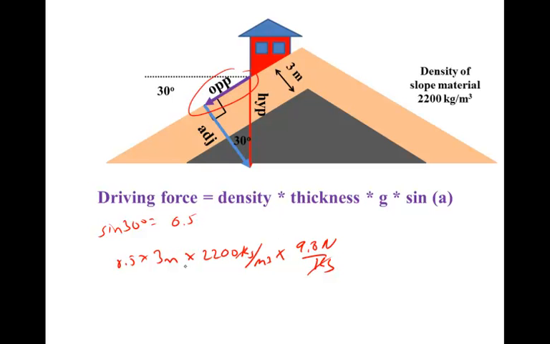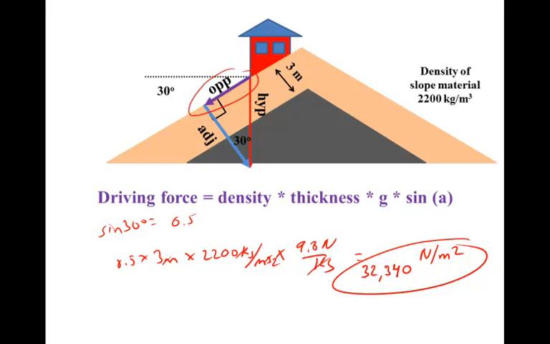Kilos cancel. That cancels one of these. Our resulting answer is a stress in units of newtons per square meter. 0.5 times 3 meters times 2,200 kilograms per cubic meter times 9.8 newtons per kilogram. Our driving force is 32,340 newtons per square meter.